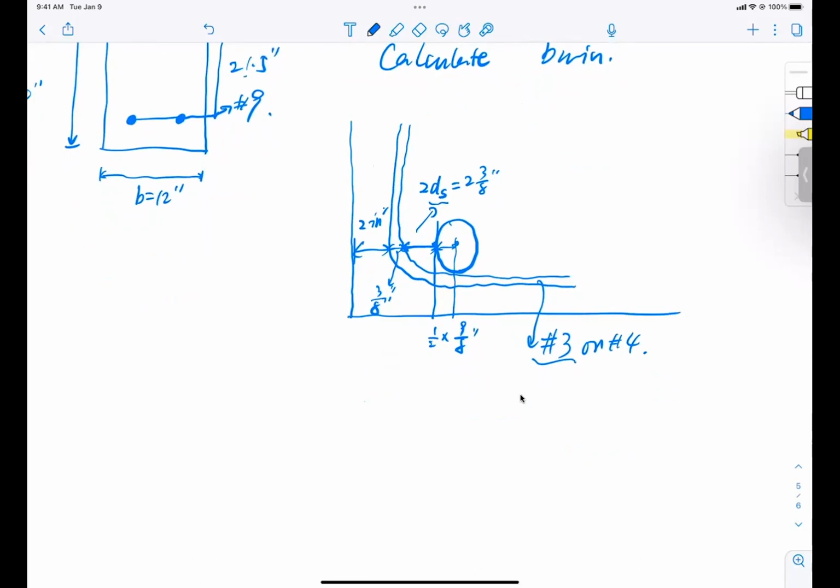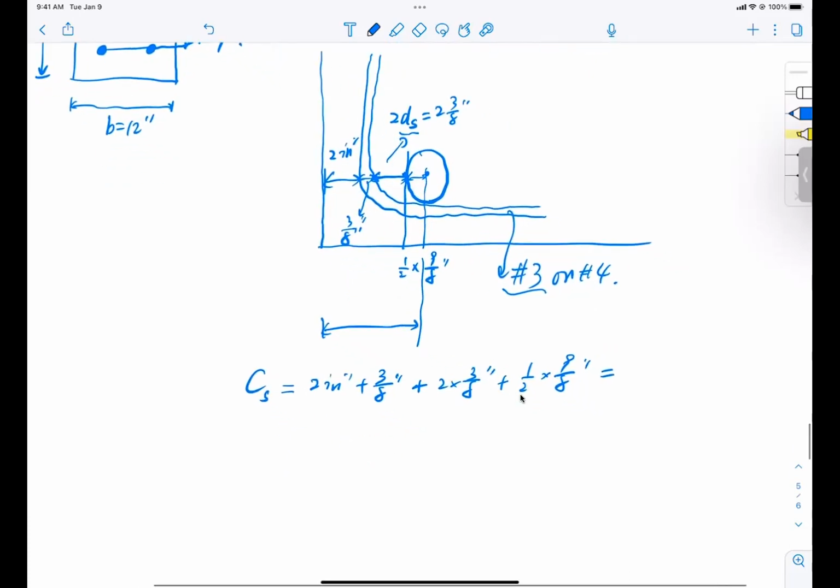All right, so let's do a calculation. Now I call this C, and I don't call it CC because CC is clear cover, but I call it CS, from the side. So 2 inch plus 3/8 plus 2 times 3/8 plus half of the 9/8. What do you have here, folks?